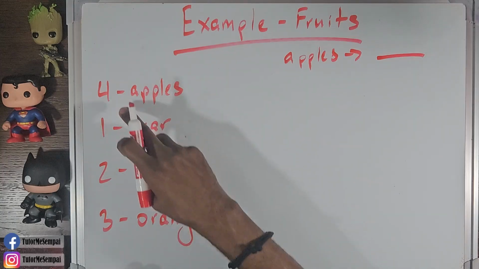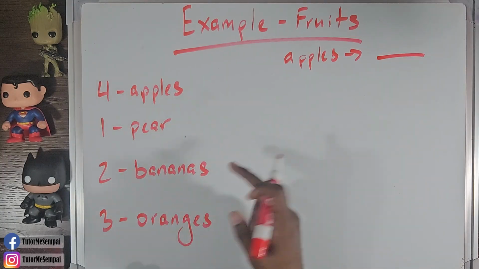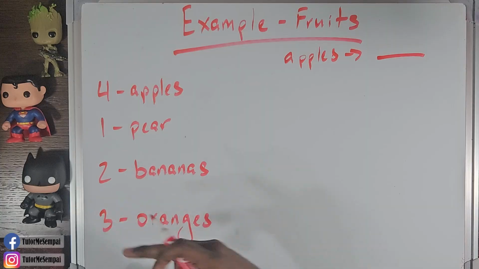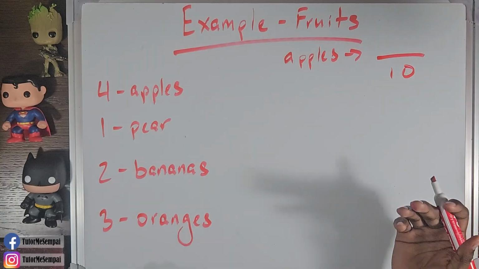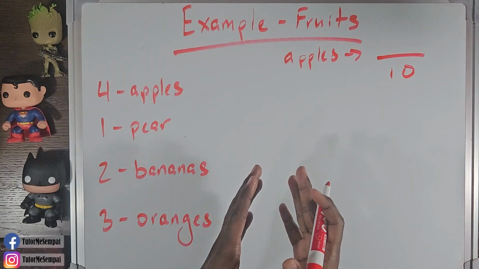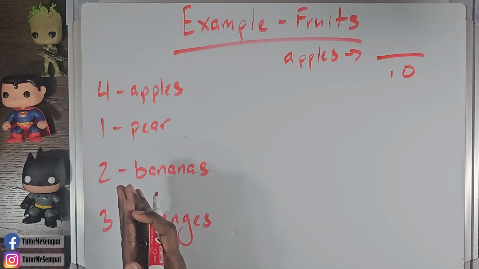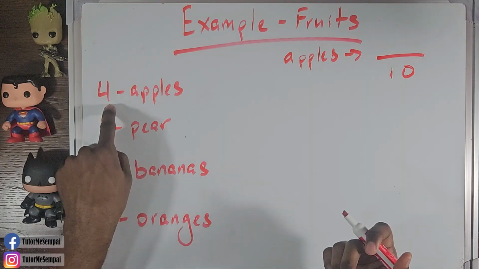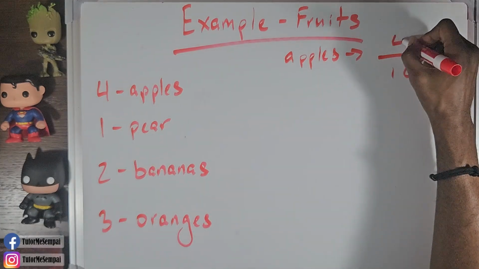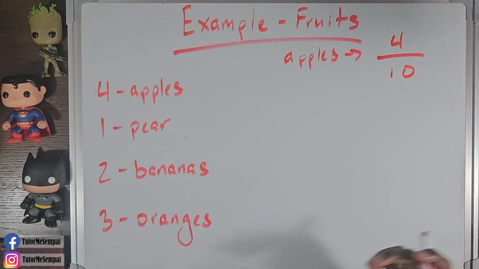We have 4 apples plus 1 pear, so that's 5 fruits, plus 2 bananas, that's 7 fruits, plus 3 oranges, that's 10 fruits. So we have a group of 10. Our focus, however, is going to be on the apples. How many apples are we focusing on? We have 4 apples, so our fraction becomes 4 over 10.